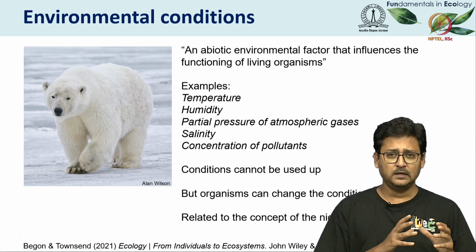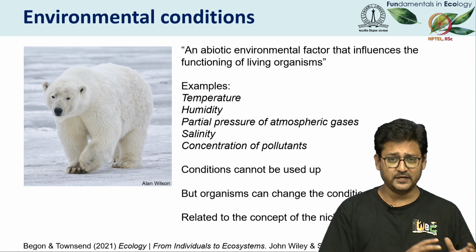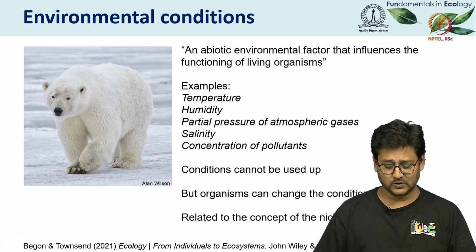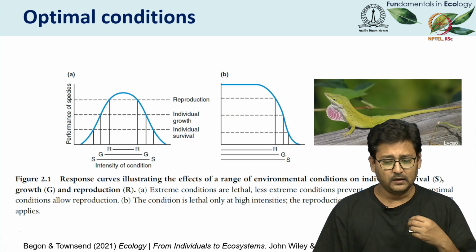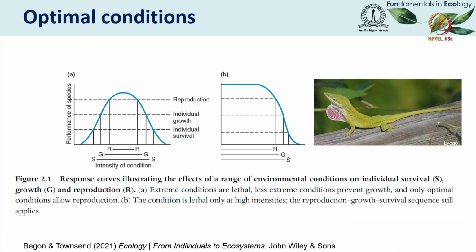Now, some things can be both conditions and resources, and we'll get to what those are, but there is this concept of every species having some kind of optimal condition. Let's say it's some lizard, right? What you've got on the left side is some condition varying along the x-axis. Let's say that's temperature.